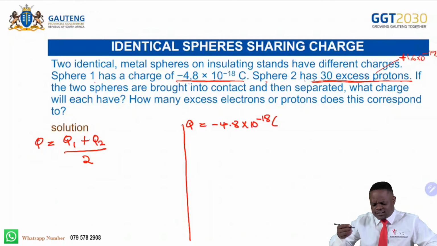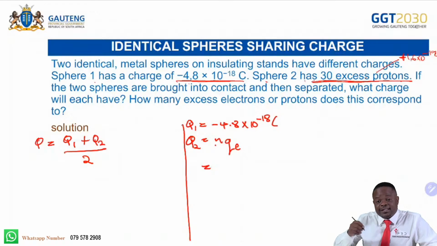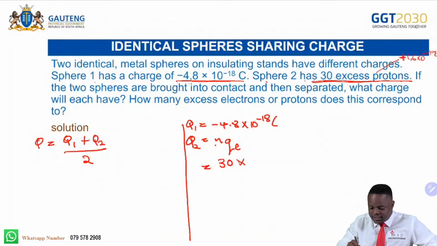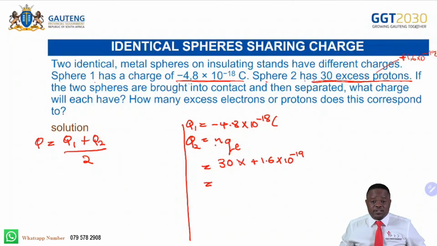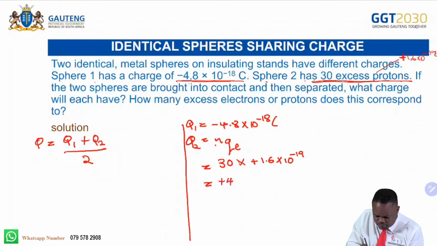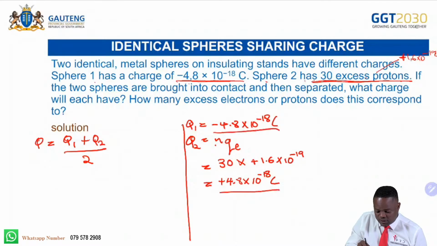So how much charge does that translate to? Our Q2, we use our formula N times QE. N is the number of protons, that is 30 protons, multiplied by the charge carried by a single proton, which is a positive 1,6 times 10 to the power negative 19 coulombs. Then you can punch that into your calculator, and you are going to get a positive 4,8 times 10 to the power negative 18 coulombs. So this is our Q2, and that is our Q1.